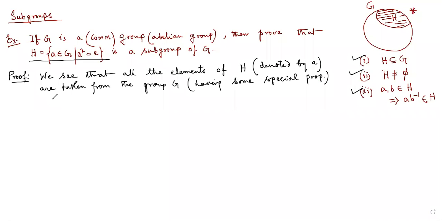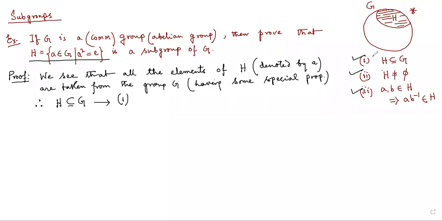And therefore, it is quite obvious that this set capital H is a subset of capital G. So the first property is satisfied. Now we write number one. This property number one has been satisfied.